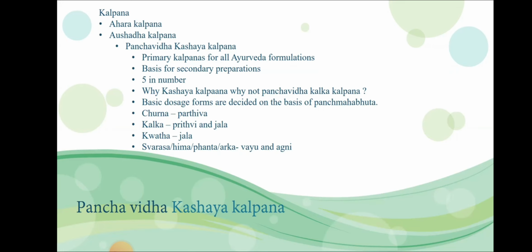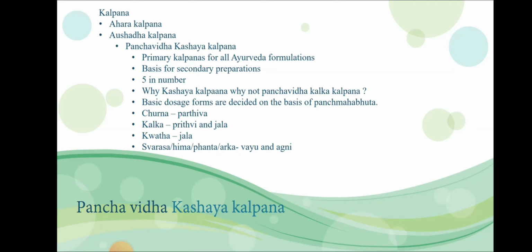As the term indicates, it is Panchavidha Kashaya Kalpana. These are 5 in number. Why is it not Shadvidha Kashaya Kalpana or Saptavidha Kashaya Kalpana? The main reason is that most of the Acharyas have accepted the concept of Panchavidha Kashaya Kalpana. But according to Kashyapa, it is Saptavidha Kashaya Kalpana. That is, he added Churna as well as Abhishava to the rest.